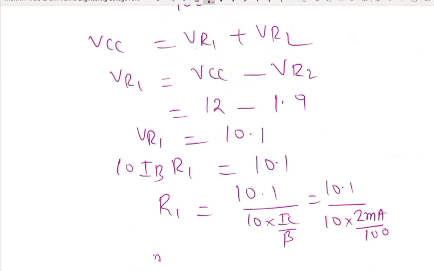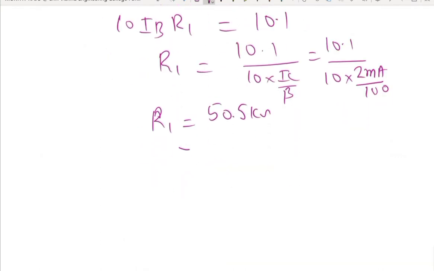Therefore, R1 value is 50.5 kilo ohms, approximately equal to 47 kilo ohms. Okay, therefore R1 is equal to 47 kilo ohms.